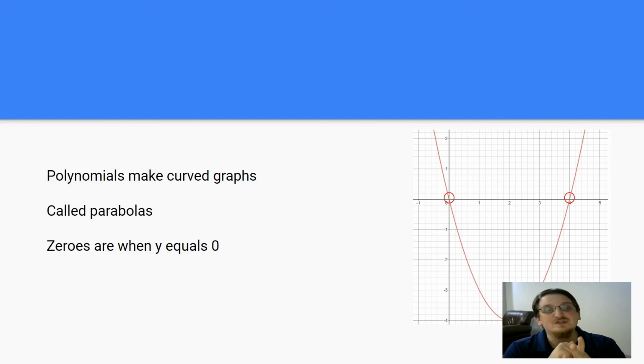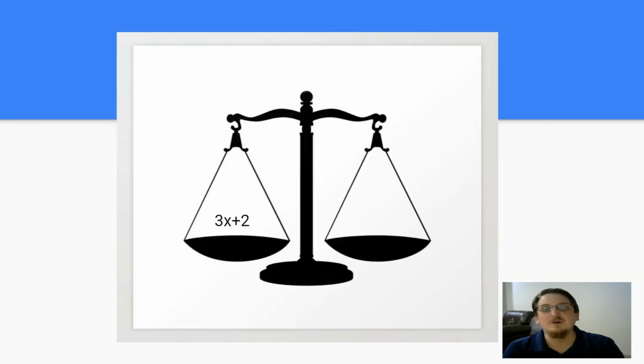We need to make sure one side equals 0 so that we can find when y, or when a result, is basically 0. Again, we start with the equation 3x plus 2 equals 8. But this time, we want everything on one side, so the other side is 0. We go back to our balance.